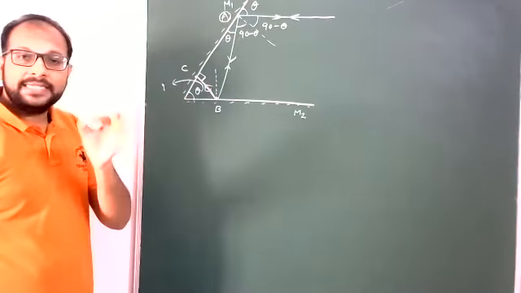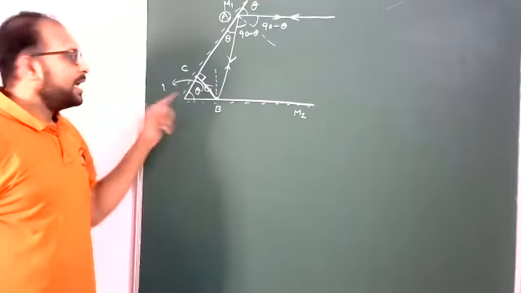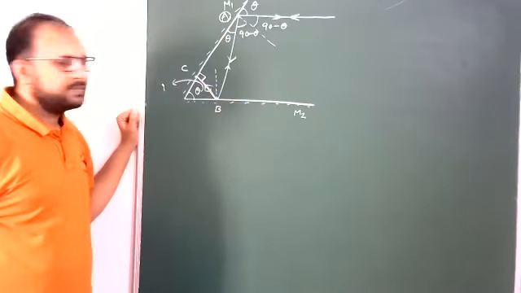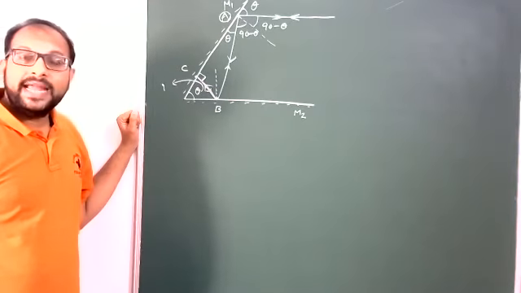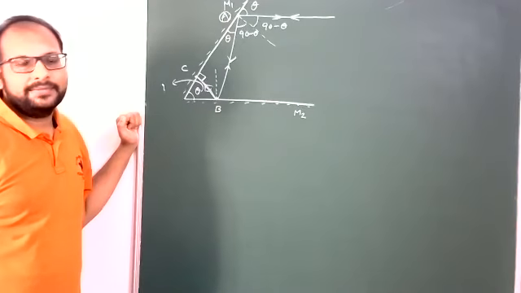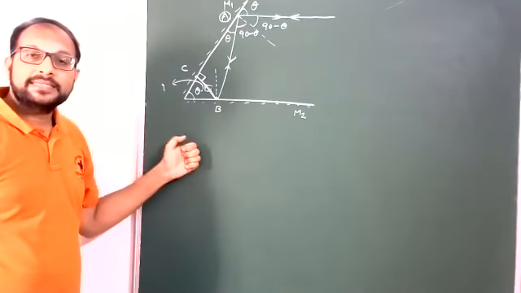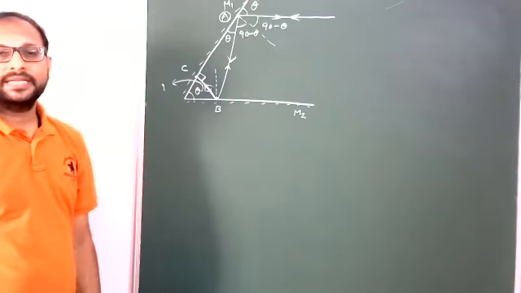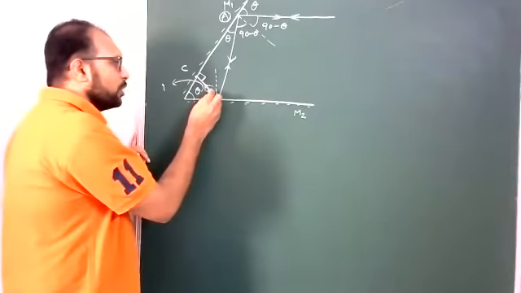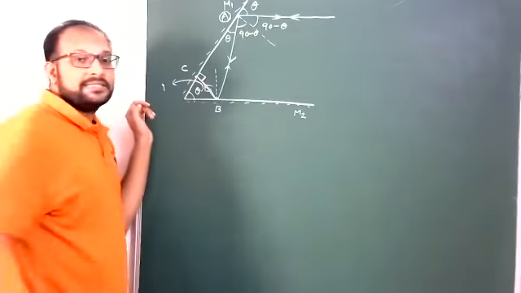ABC is a right angle triangle. 90, theta over. Now this total angle, how much? 180 minus of 90 plus theta, which means indirectly 90 minus theta. Students, this total angle is 90 minus theta.